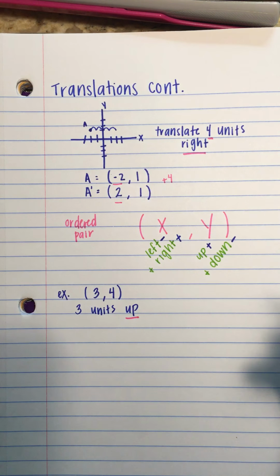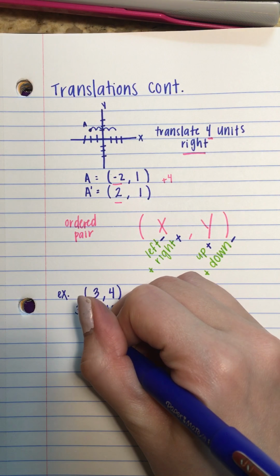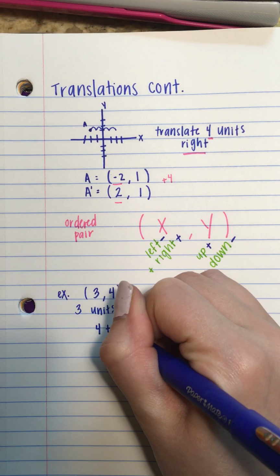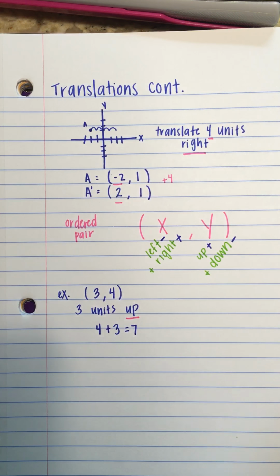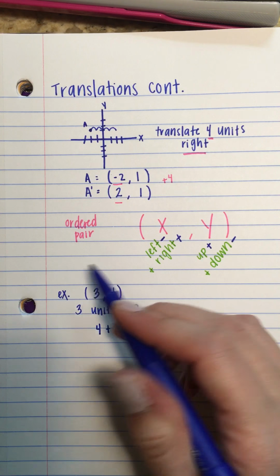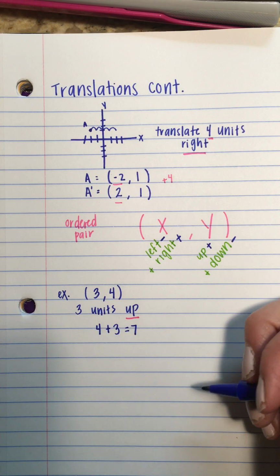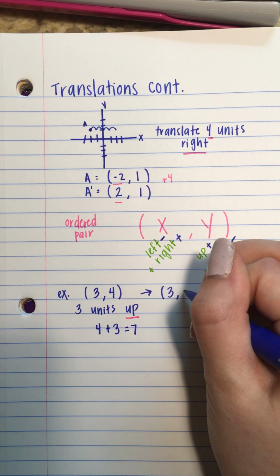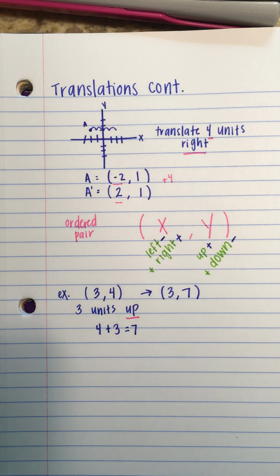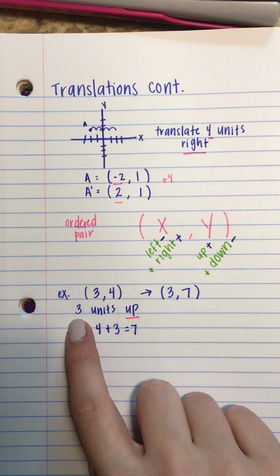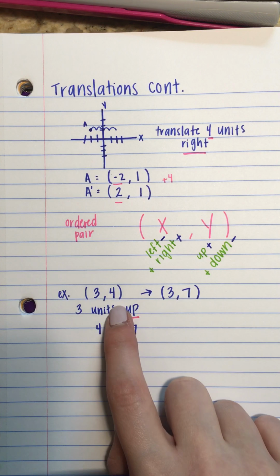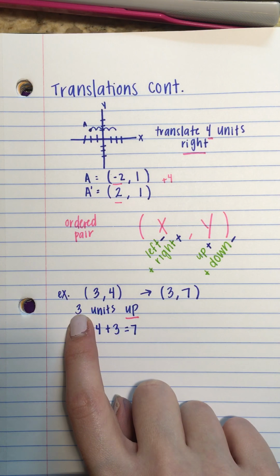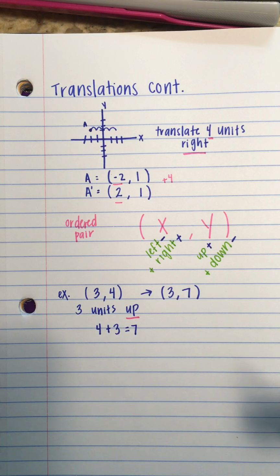So my Y was 4. 4 plus 3 equals 7. So my new ordered pair after I've translated is 3, 7. Okay, because when we say 3 units up, up tells me to change my Y, 3 tells me how much to add. We'll do another one.